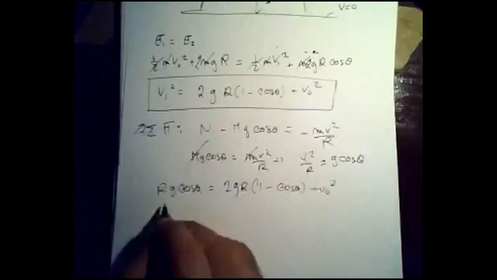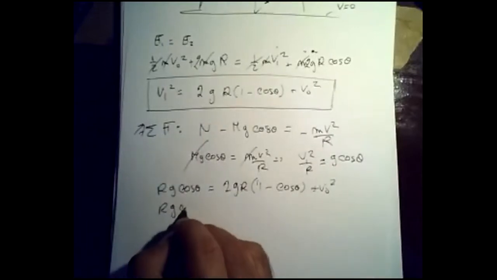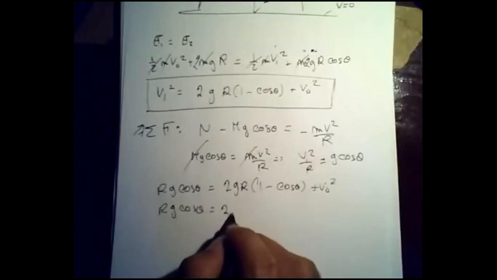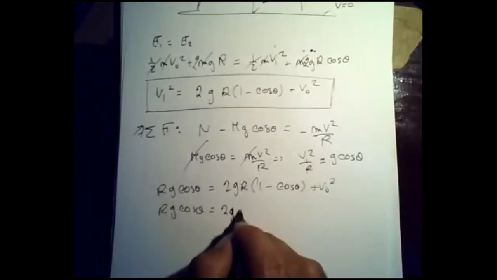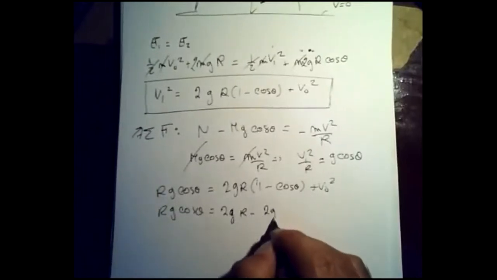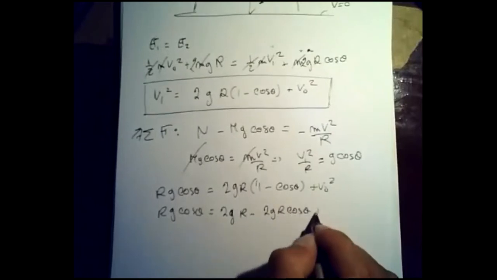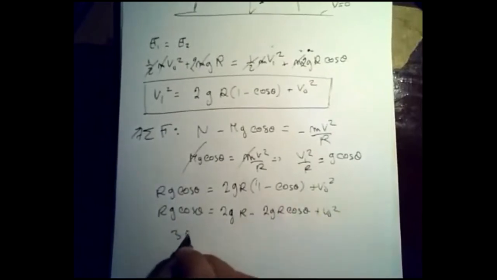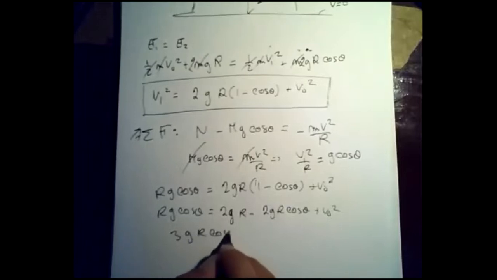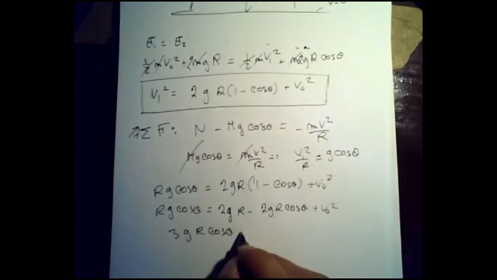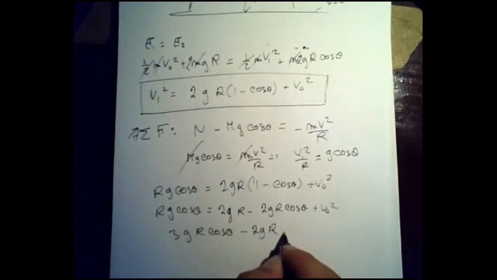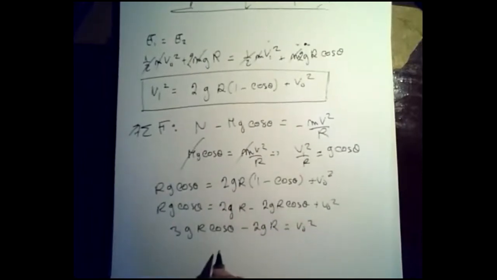So Rg cosine theta is equal to 2gR minus 2gR cosine theta plus V0 squared, so 3gR cosine theta minus 2gR is equal to V0 squared, right?